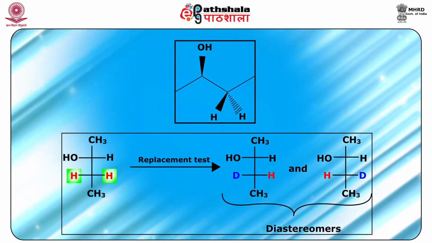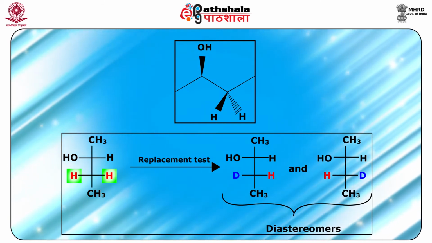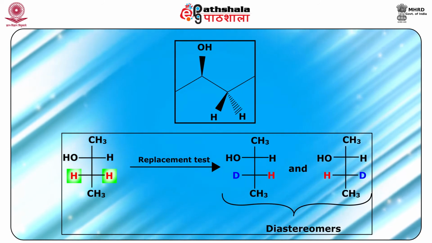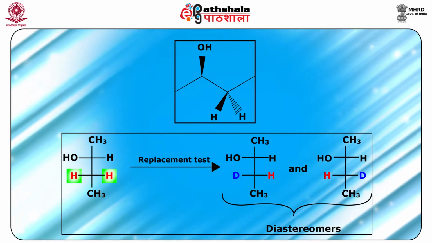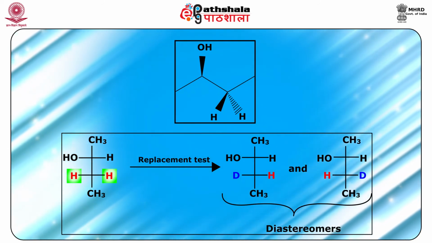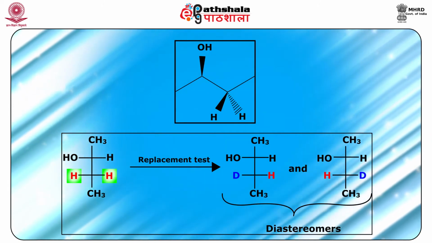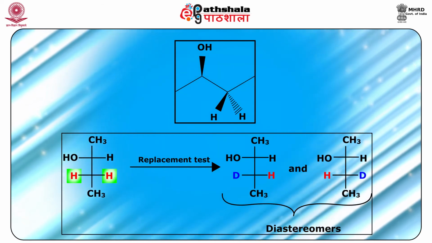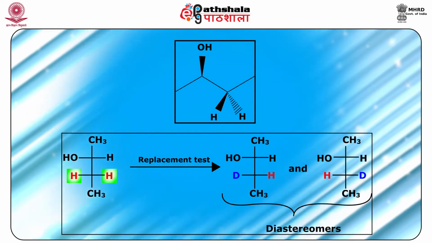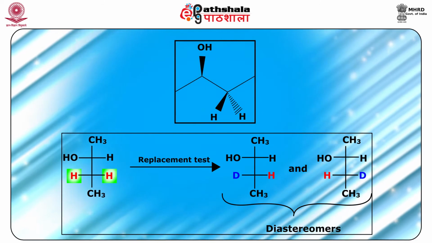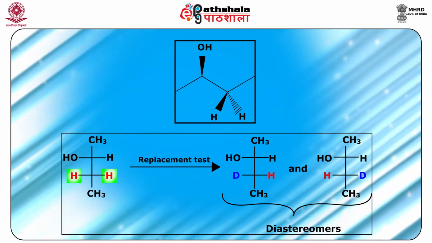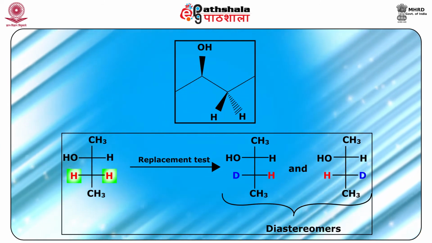Diastereotopic protons. If the two protons are neither homotopic nor enantiotopic, then they are not chemically equivalent. Consider the protons on C3 of R-2-butanol. We say R from the Cahn-Ingold-Prelog notation, as you have learnt. These protons cannot be interchanged by either rotational symmetry or reflection or plane of symmetry.